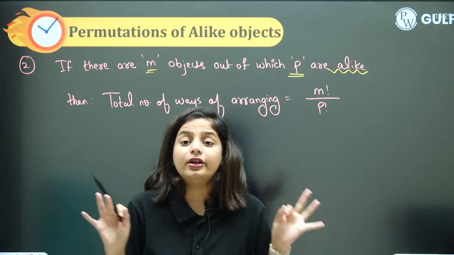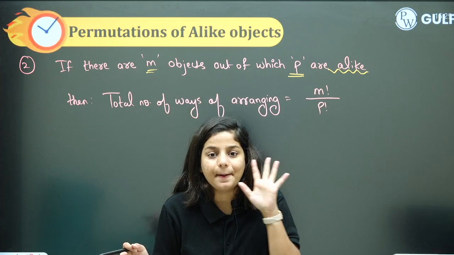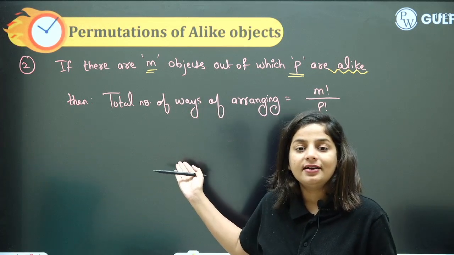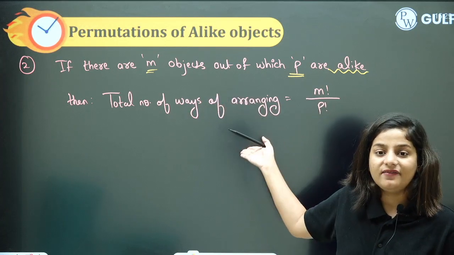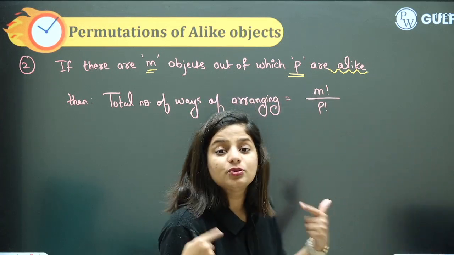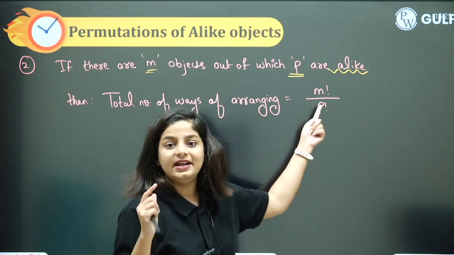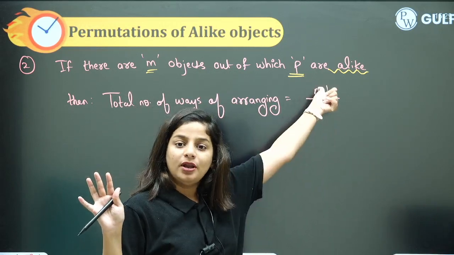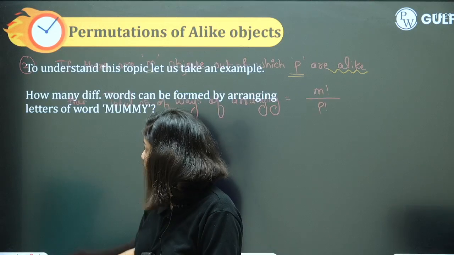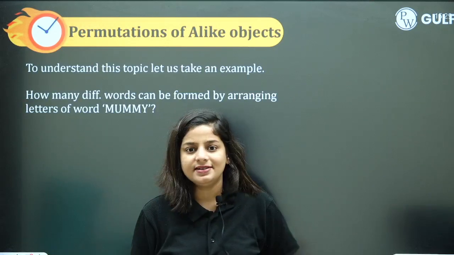No, I'm talking about when objects look the same. In such a case, how many different ways are there? m factorial upon p factorial. That is the total number of objects divided by the objects which are alike. You will always divide by the alike objects.